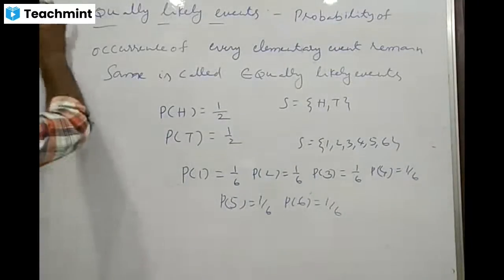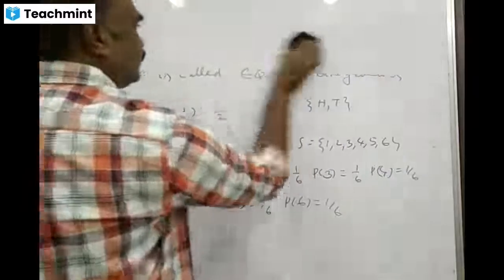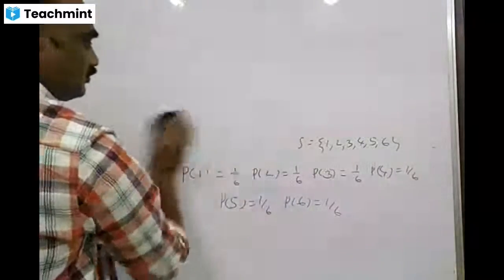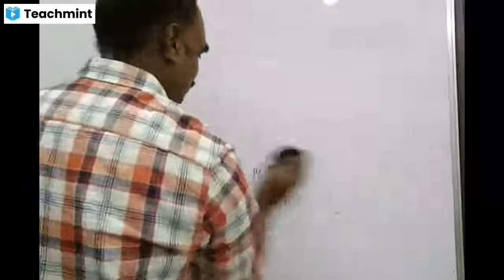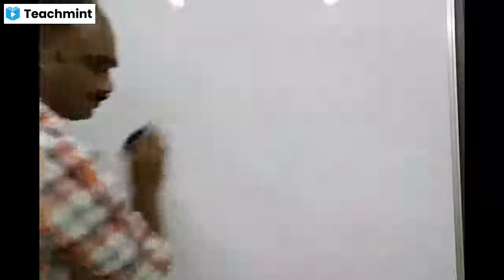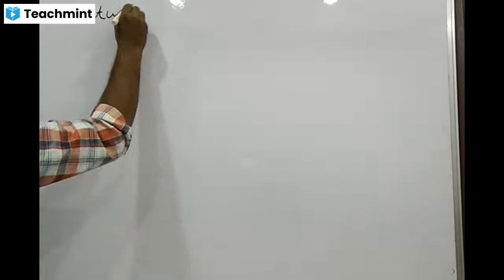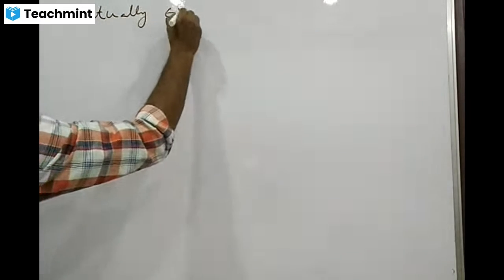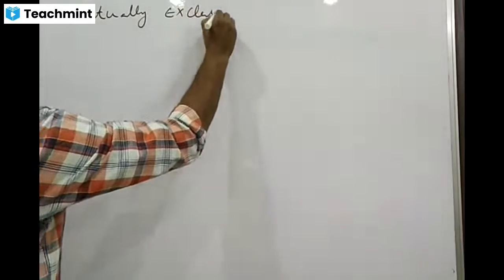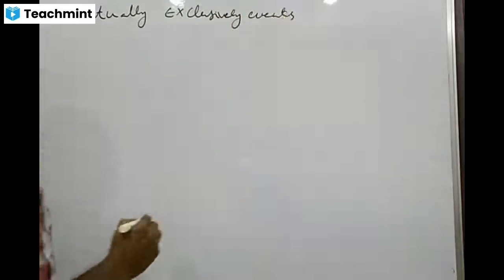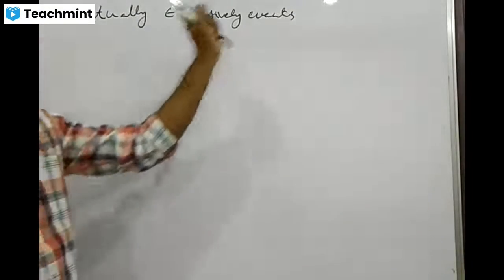Next, mutually exclusive events. Friends, mutually exclusive events are disjoint events.